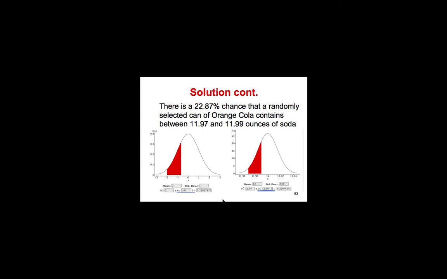And then I'm cheating a little bit, and I'm entering the actual mean and the actual standard deviation and the true boundary values of 11.97 and 11.99, and of course coming up with the same answer, that there is a 22.87% chance that we select an orange cola can that has between 11.97 and 11.99 ounces of soda.